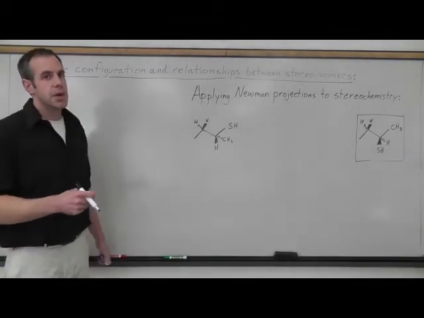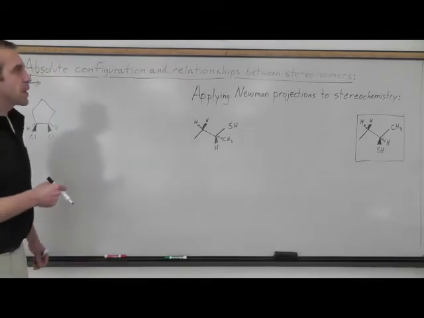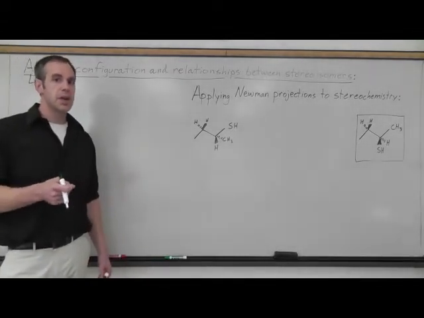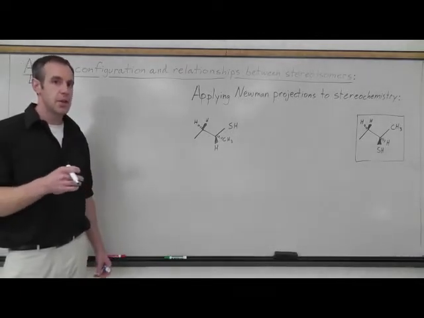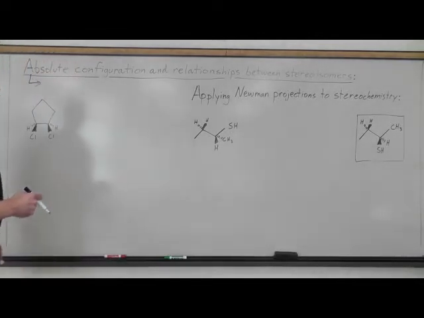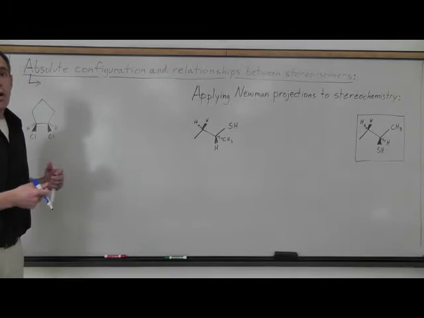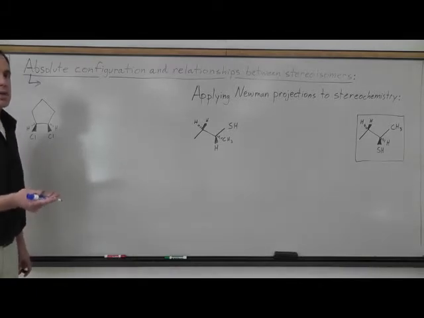This lecture will be on absolute configuration and the relationships between stereoisomers. And we're also going to look at how Newman projections find their way into this mix. This first term, absolute configuration, simply just means assigning R or S to a stereocenter.